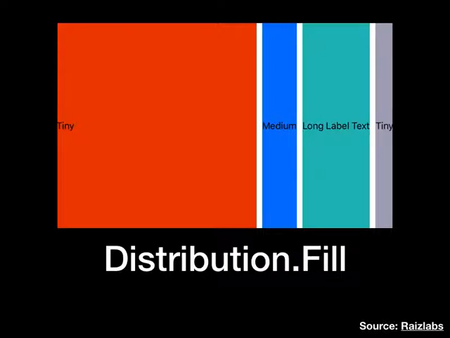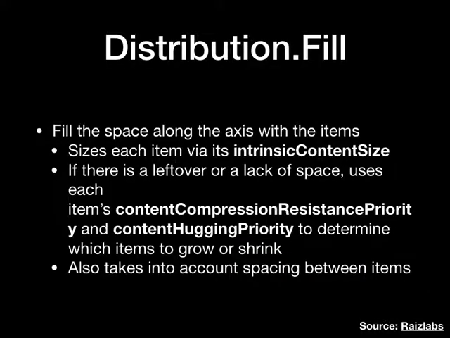Specifically, what it uses to fill the space is the intrinsic content size, but it also uses these properties called content compression resistance and content hugging. Basically, Distribution.Fill sizes each item, so it knows what the item size is based on the intrinsic content size.